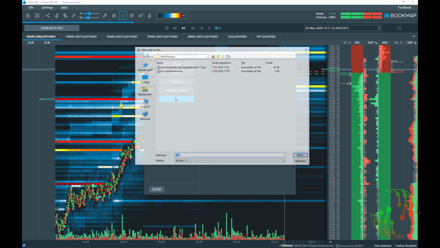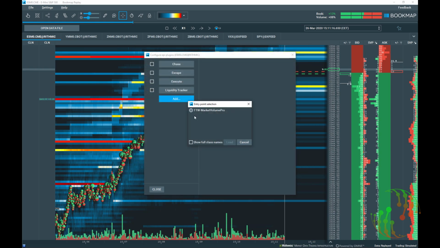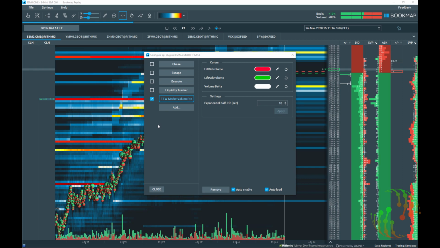Click on Add and go to your folder where you have stored your licensed jar file. Click on it. Select the included TTW Market Volume Pro. Click on it and load it. Now it's installed. You only have to activate it, and that's it.